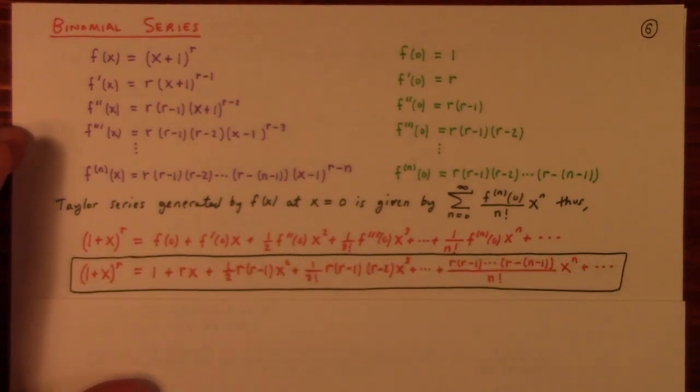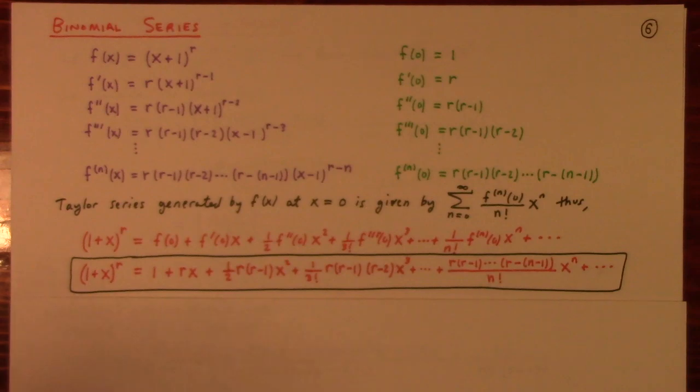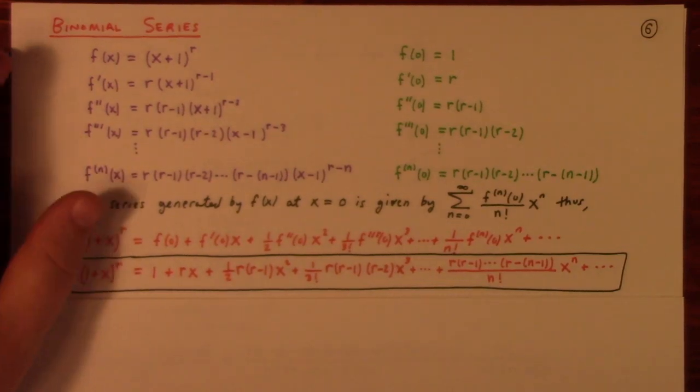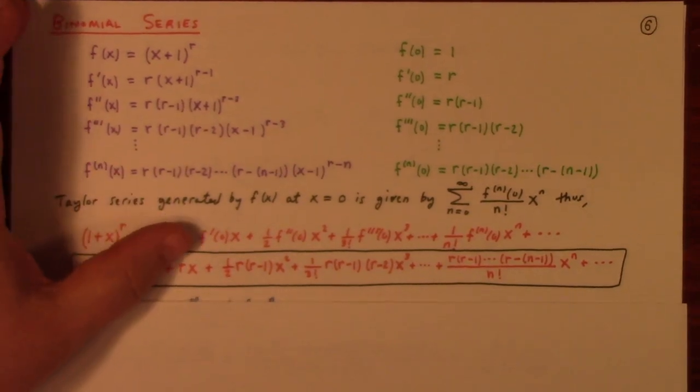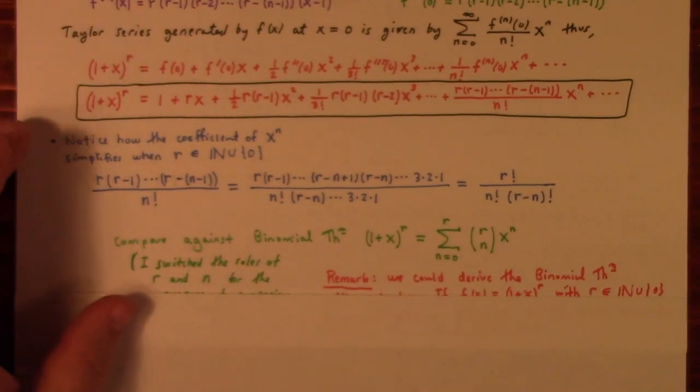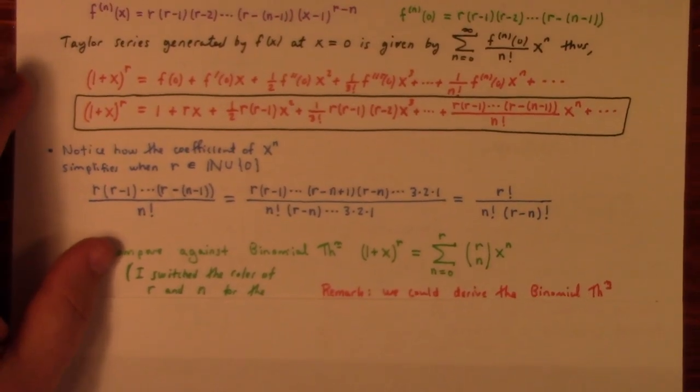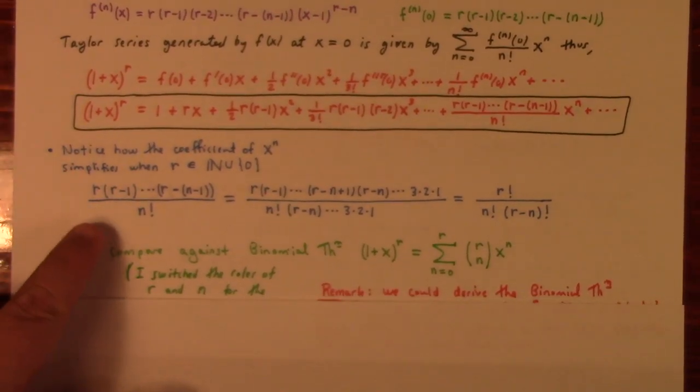And so here it is. (1 plus x) to the r is 1 plus rx plus 1/2 r times (r minus 1) x squared, plus 1 over 3 factorial r times (r minus 1) times (r minus 2) x cubed, plus dot dot dot until you get to that lovely coefficient of x to the n. How does this relate to the binomial theorem? The coefficient of x to the n is this, right?